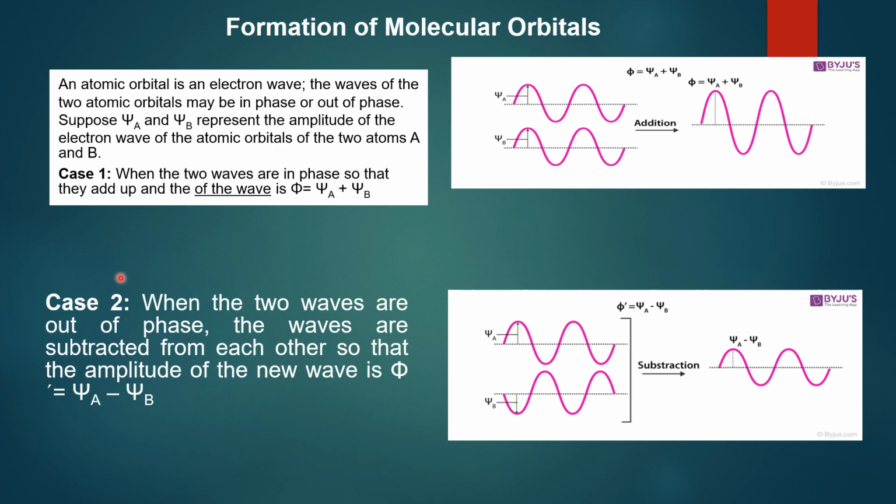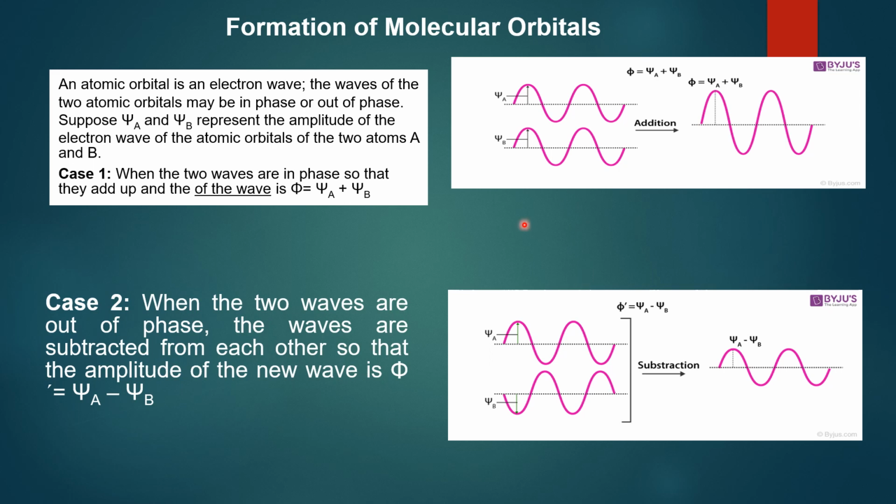In the second case, psi A and psi B, indicating the amplitudes of the electron waves of the atomic orbitals of the two atoms A and B, are subtracted from each other to form anti-bonding molecular orbitals.